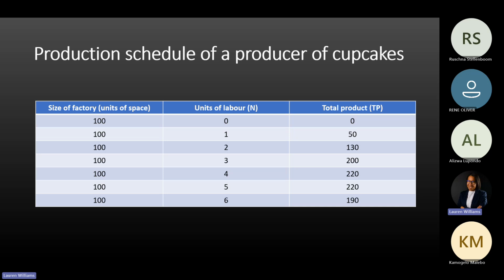From zero. Remember, the size of the factory is not going to change. So at zero laborers, you're producing zero. You have no laborers, therefore you're producing nothing. Now you get one laborer. That one laborer produces 50 cupcakes. Two laborers, 130. Three laborers, 200.